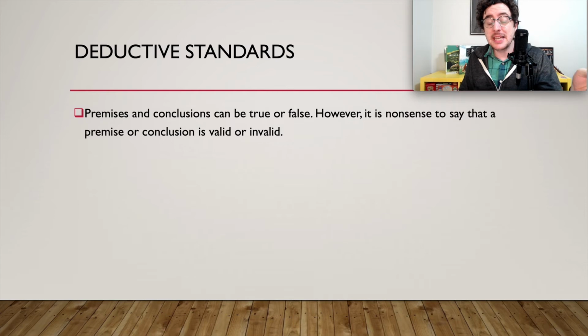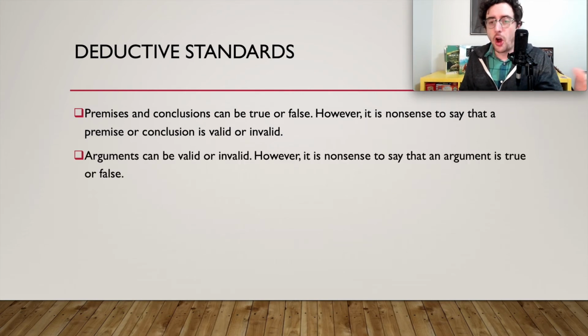So premises and conclusion can be true or false, but it's nonsense to say that a premise or conclusion is valid or invalid. Similarly, arguments can be valid or invalid. They can have the right relationship between their premises and conclusion. However, it doesn't make any sense to say that an argument is true or false.